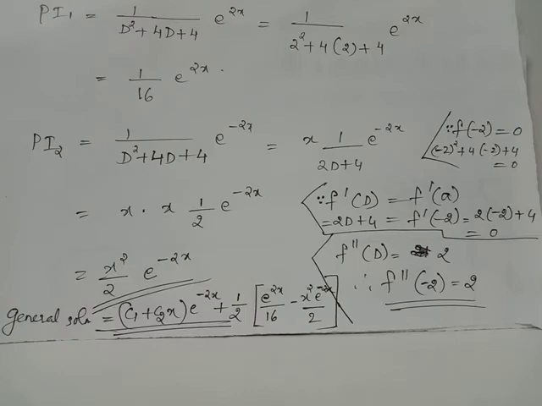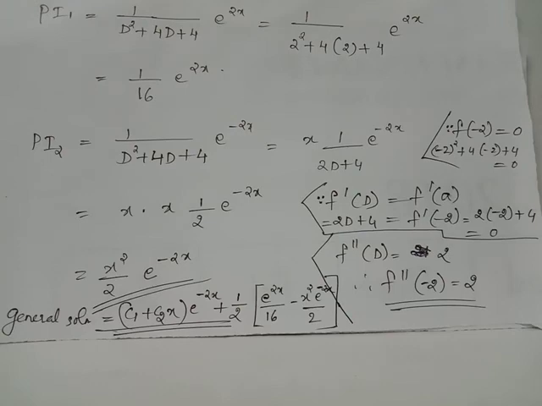We have f'(D) = 2D + 4. In the expression of f'(D), we give D = a and check whether the denominator is non-zero. We have f'(D) at D = -2 becomes 2(-2) + 4, which is again 0. Since f'(D) at D = a = -2 becomes 0, we will again have another x multiplied in the numerator, simultaneously taking the derivative of f'(D) with respect to D in the denominator.